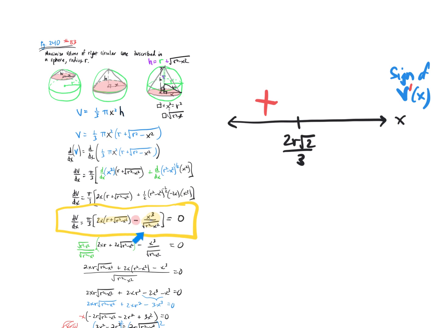And so the second part of the difference is getting bigger than the first part, and that would be negative. So the rate of change of the volume is positive and then negative, which means this will be a relative maximum of the volume. When x is this value, the volume will be a relative maximum.